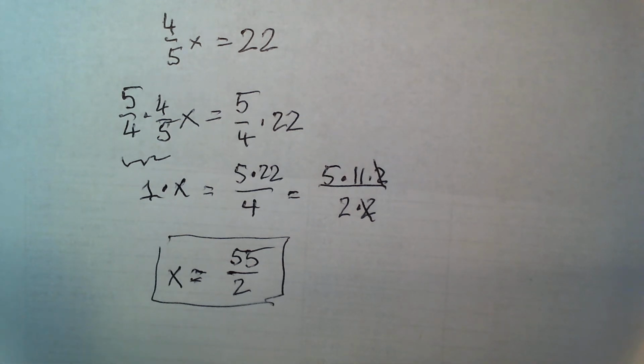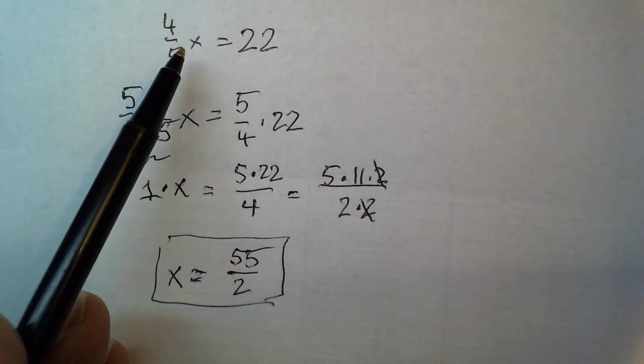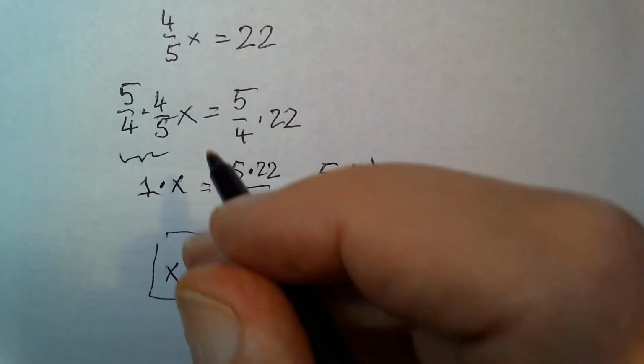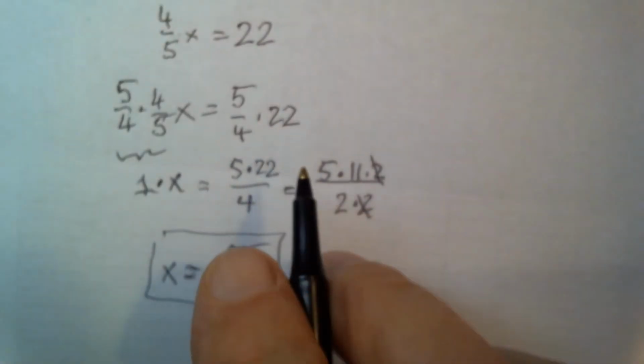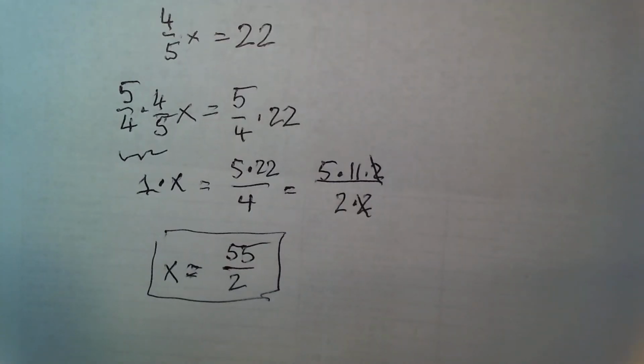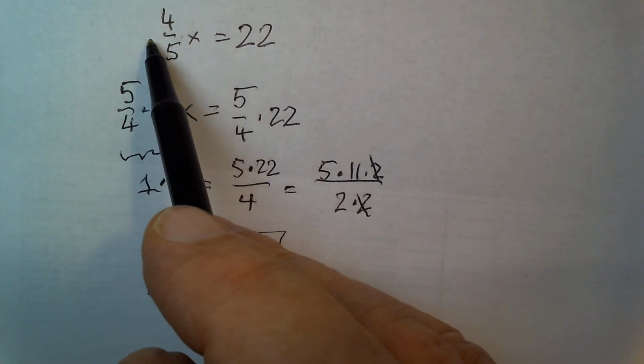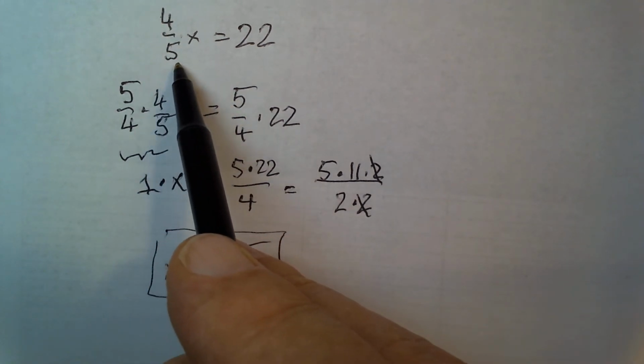Let's bring another definition here. Here we read 4/5 x. What that really means is this implied multiplication of 4/5 times x. Really, we don't usually write the multiplication dot, but it's implied multiplication. And when a number multiplies a variable, that is called a coefficient.